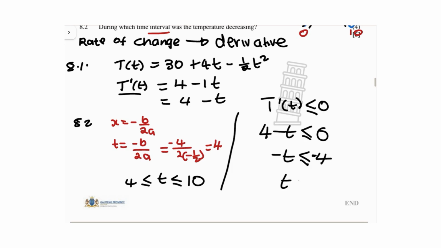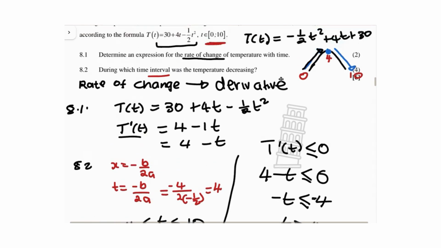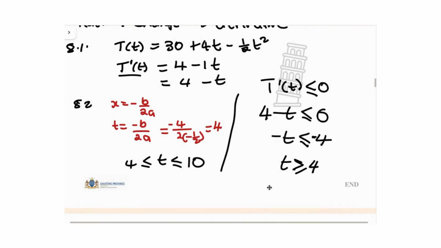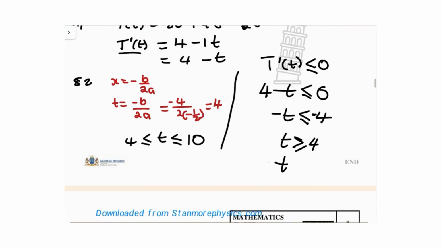Because we divide both sides by a negative, the inequality changes: t must be greater than or equal to 4. But because they specified that the interval is 0 to 10, we also say t must be less than or equal to 10. That is the final answer.